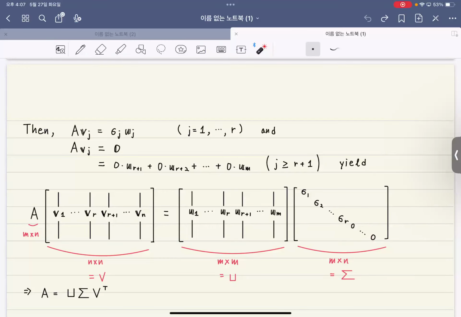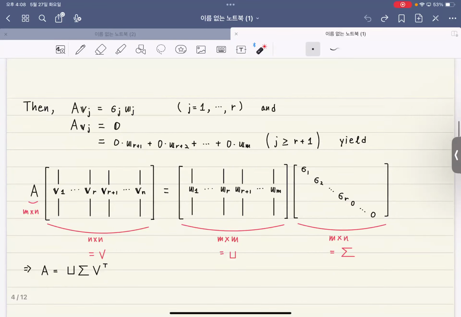So I have this matrix equation, and this is an orthogonal matrix, and this is an orthogonal matrix. This is an n by n orthogonal matrix, and this is an n by n orthogonal matrix. So I gave them names. From now on, I'm going to call this guy the matrix V. This guy is U, and this guy is sigma.